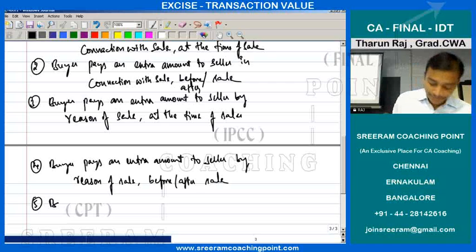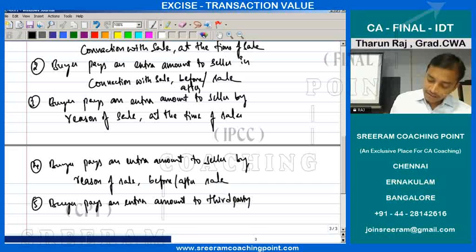Next, the buyer pays an extra amount not to the seller, but to a third party, in connection with sale at the time of sale.